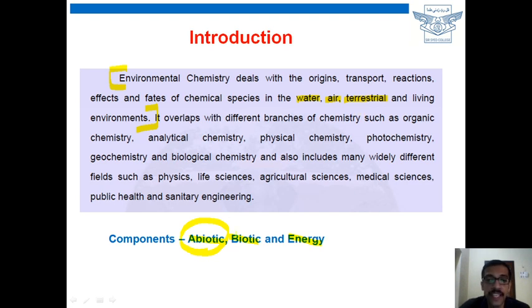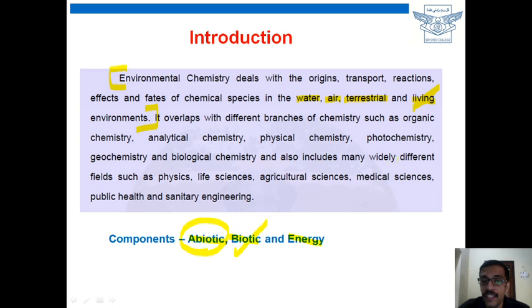Okay, next we are going to the biotic component. Which is the biotic component here? Exactly, it is the living environment. So the biotic component comprises the living segment of the environment, which is nothing but your biosphere.